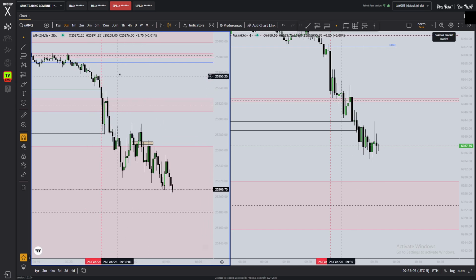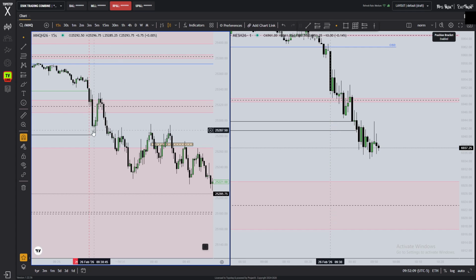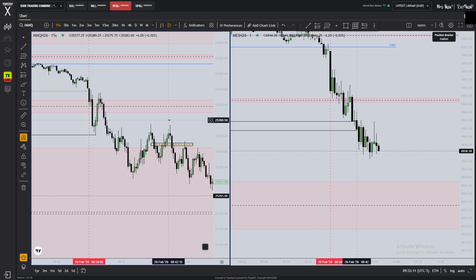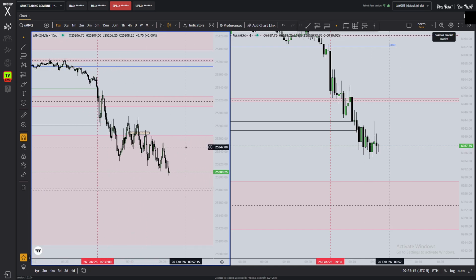Yeah, that was it here. That pullback up into that 30-second, and then we change, tap it. We're just gonna look to sell off. So that's pretty much gonna be it on the day.